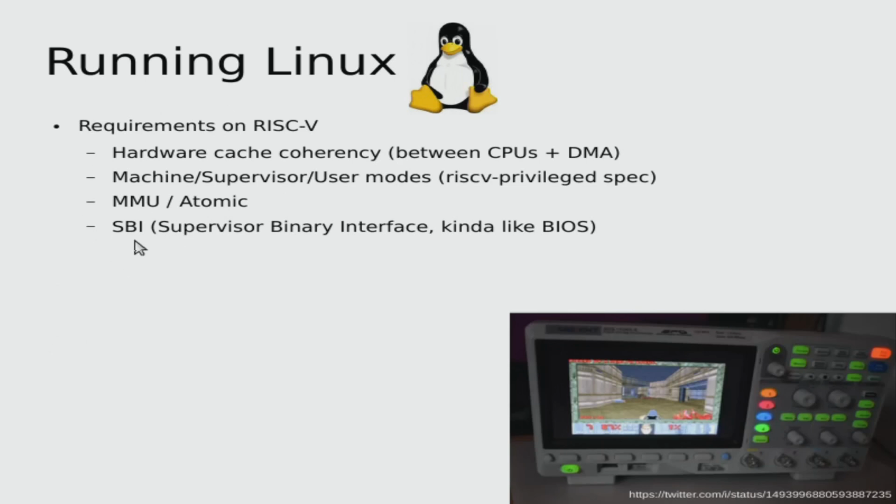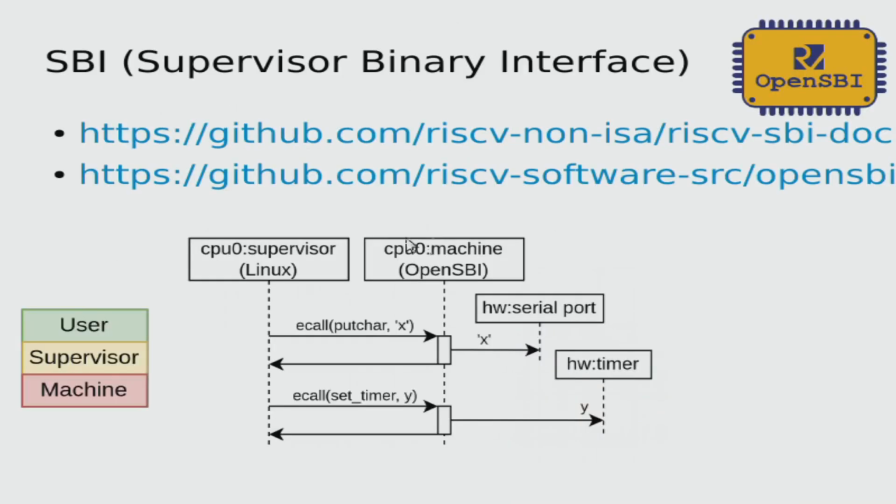And you need SBI. SBI means supervisor binary interface. It's kind of a BIOS. It is a software specification of the system calls that the supervisor is allowed to make towards machine mode to get some features. So while you run Linux, this BIOS is still running.